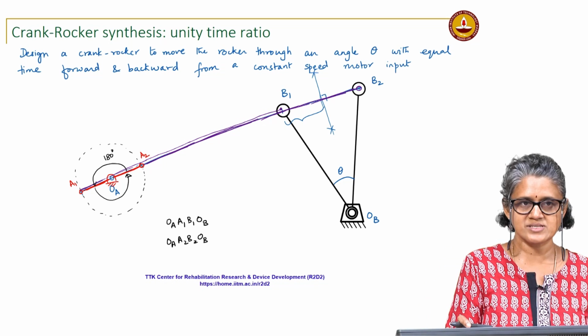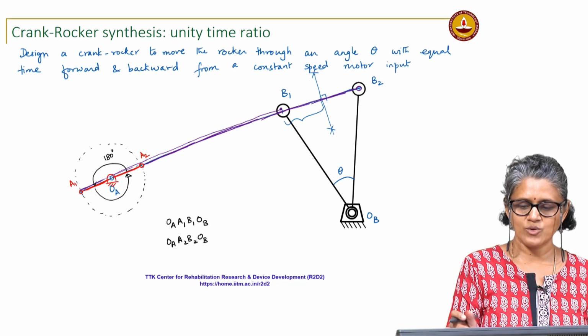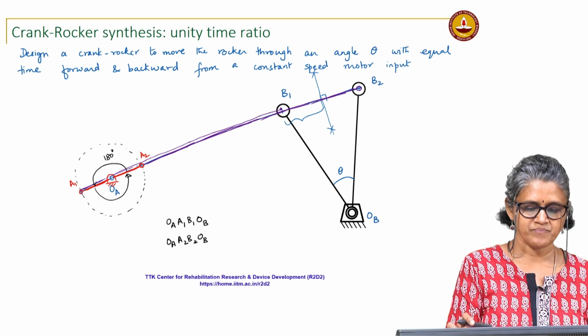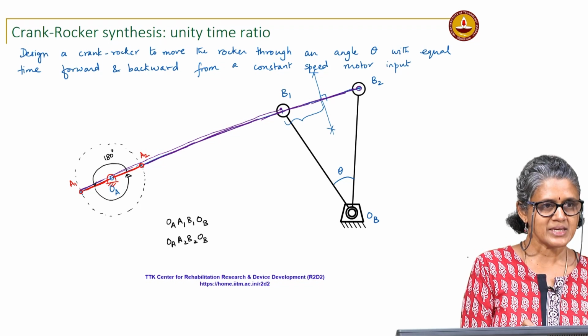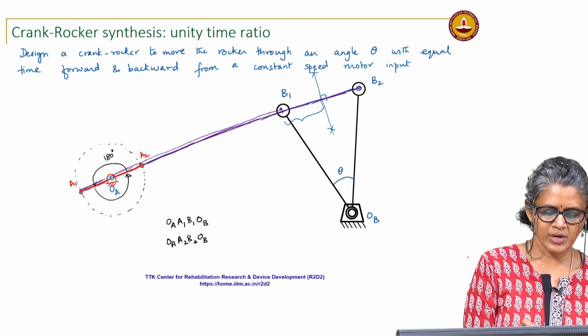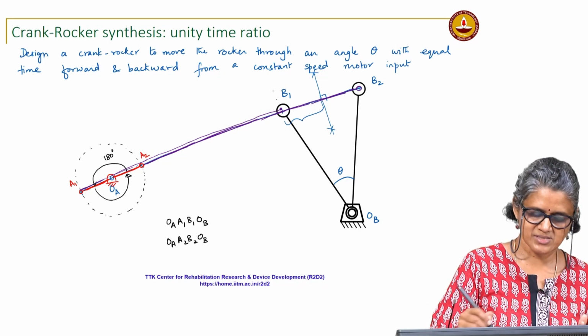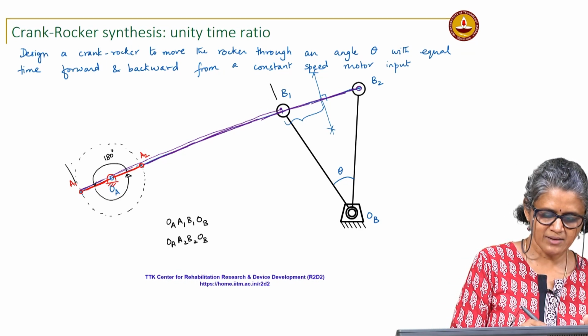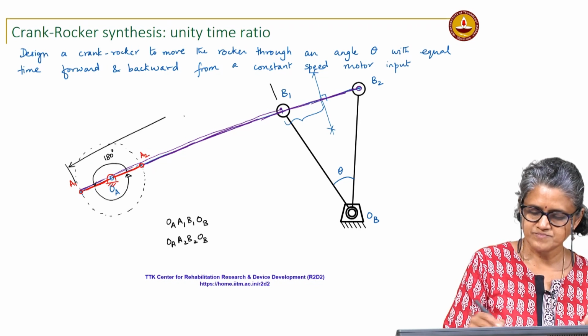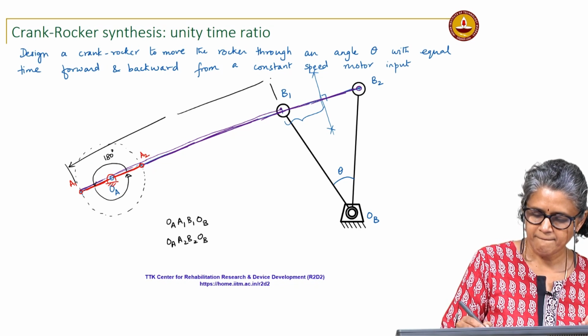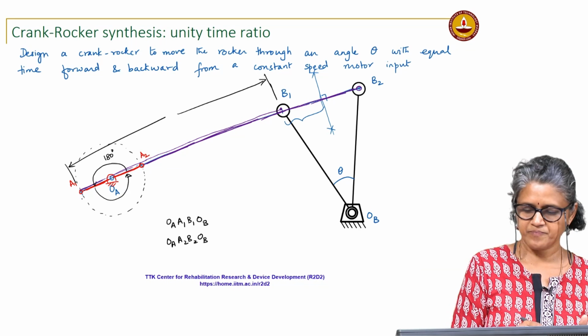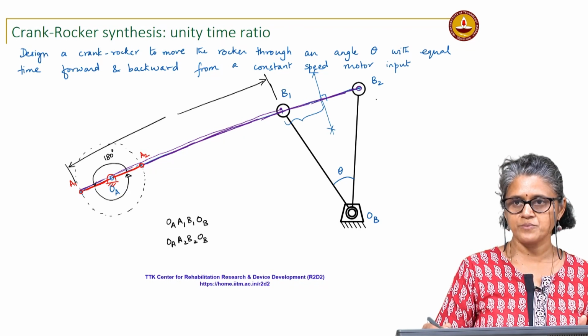Because this distance, okay, this is the perpendicular bisector, right. So that is what I am taking here. So OA A1 equals OA A2. So if I look at this, I can easily show that this distance is the same as A2 B2.